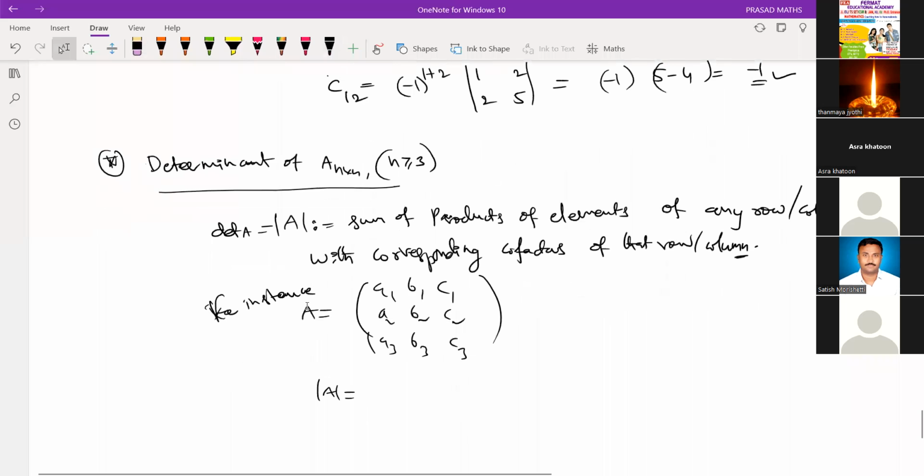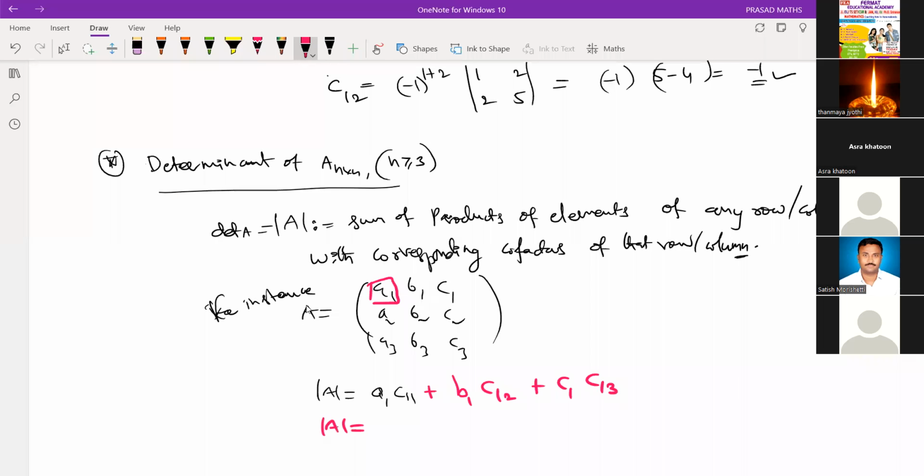Det A can be computed along the row or column. What is the formula? A1 into its corresponding cofactor. A1 is located at the 1-1 entry, so A11 its cofactor, plus B1 corresponding cofactor, plus C1 its corresponding cofactor.